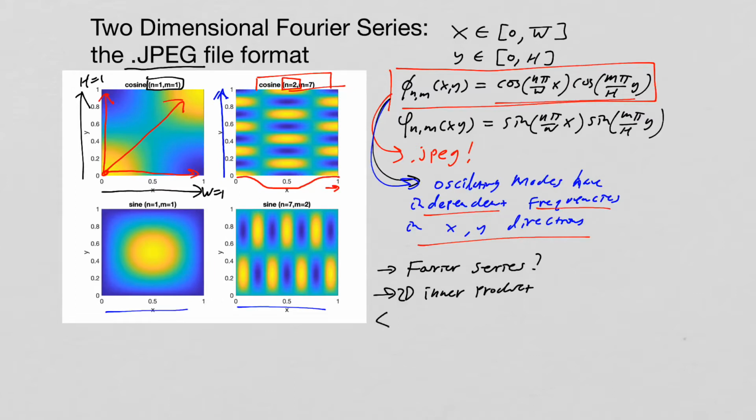And that's just going to be, if I have a function f of x comma y and a function g of x comma y, then we can define an inner product for these functions to be a double integral from 0 all the way to w, and then from 0 all the way to h, f times g, dA, where dA is going to be dx dy. Actually, I should go back there. It's going to be dy dx, the way I've written it.